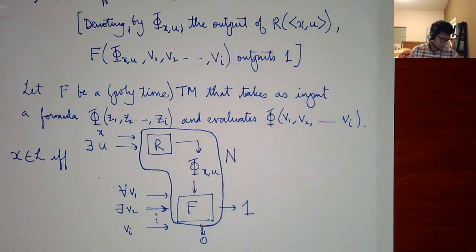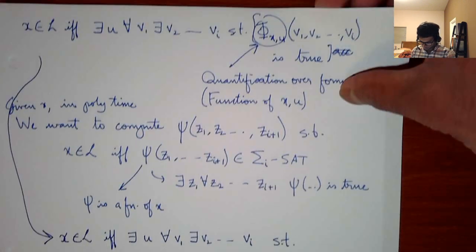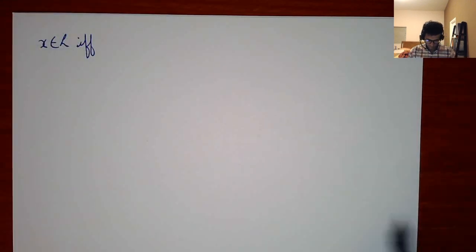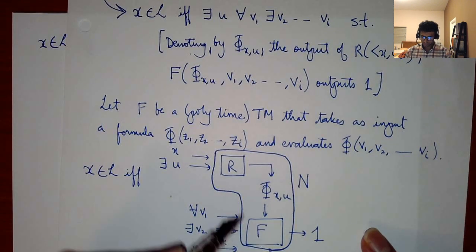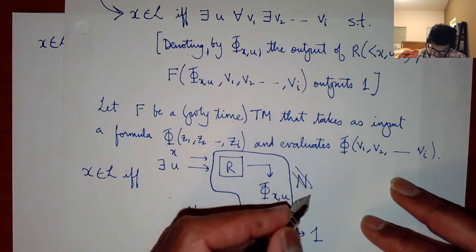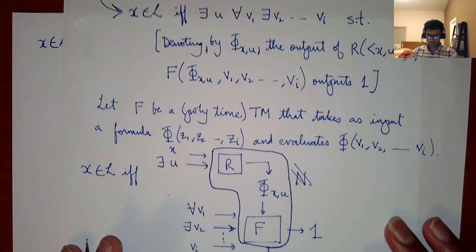I don't know, I think I may have overcomplicated the proof, but let me just go ahead and say what I'm going to say. So we have X is in L if and only if all of this is true. So let's ignore the N for now. Sorry. So this is sort of the overall picture.